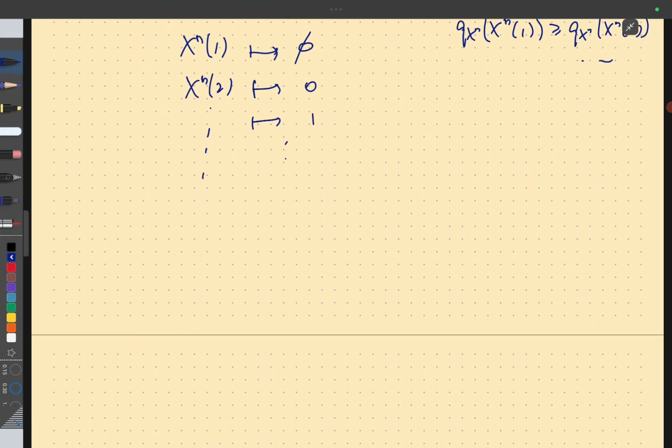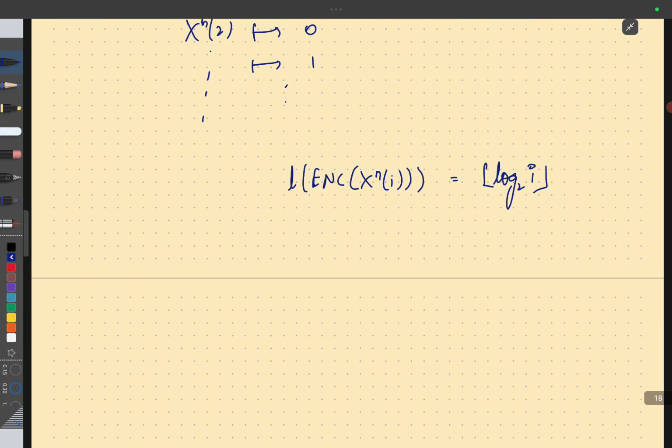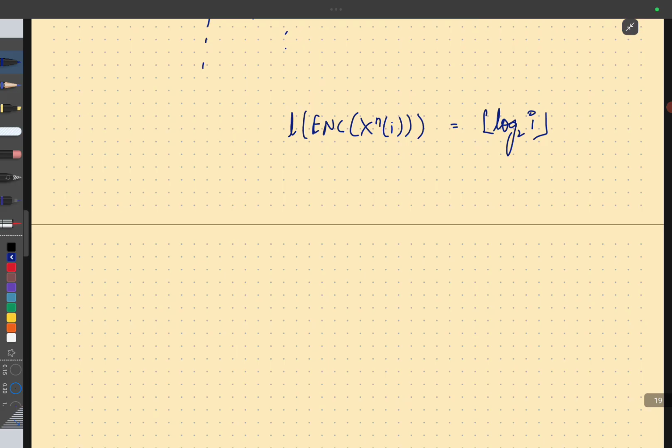Okay, great. Now let's try to walk through the steps of the proof. In general, what will be L of the encoding of xn of i? This is again floor of log of i. Nothing has changed so far, right? But now I've assigned probabilities according to Qxn, right?